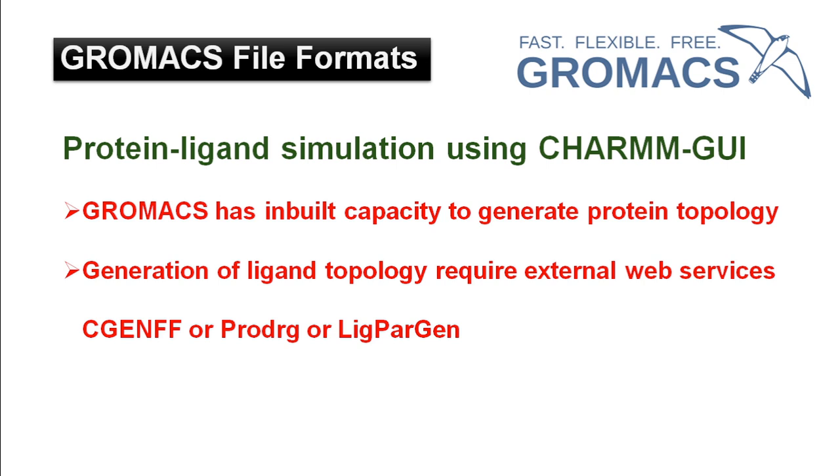This can be created manually, or CHARMM-GUI, that means the CHARMM graphical user interface web service, is available through which we can generate this system as input for MD simulation.